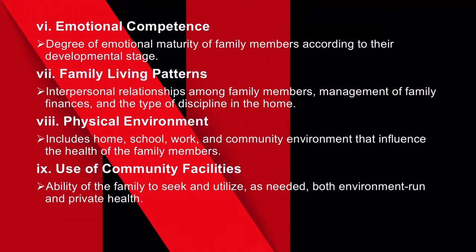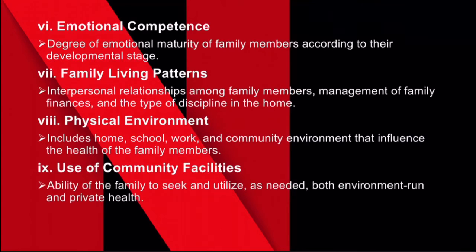It is the degree of emotional maturity of family members according to the developmental stages. The community nurse also needs to assess this because some family members cannot cope with, for example, a health condition; they cannot cope emotionally and they get stressed.